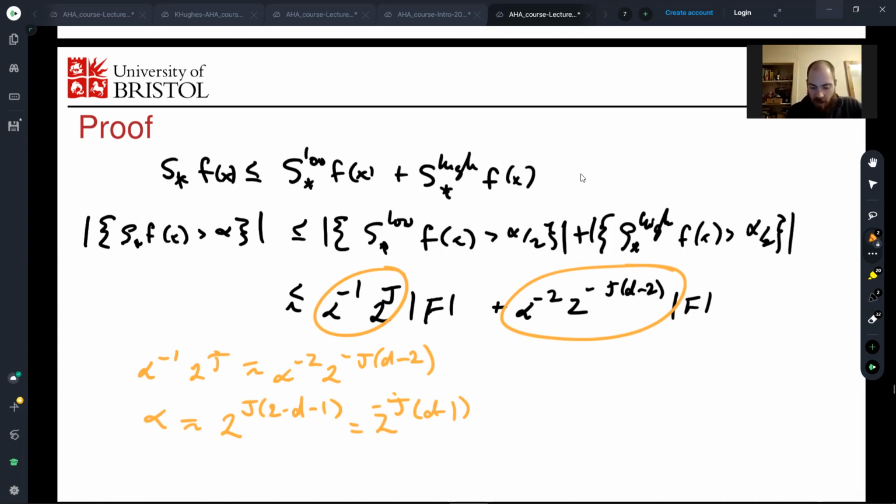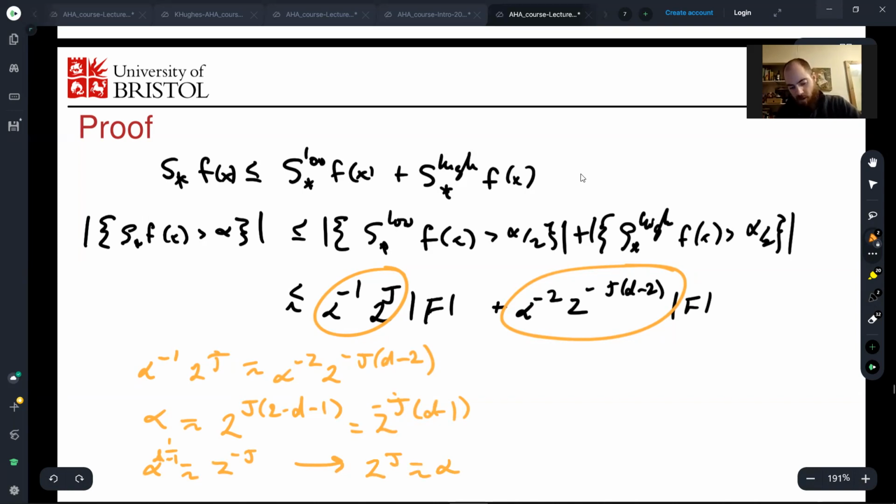And now that's the same as taking alpha to the 1 over d minus 1 to be about 2 to the minus j. Or in other words, 2 to the j is about alpha to the minus 1 over d minus 1.